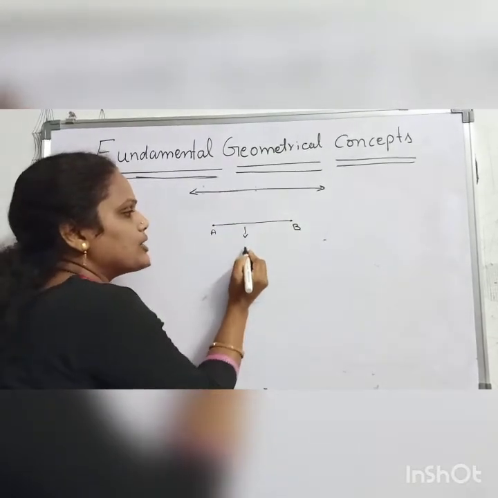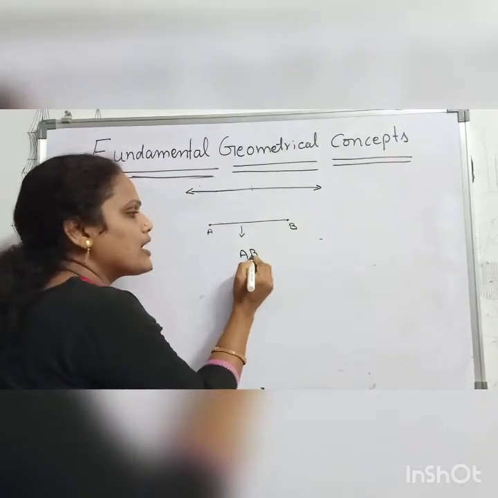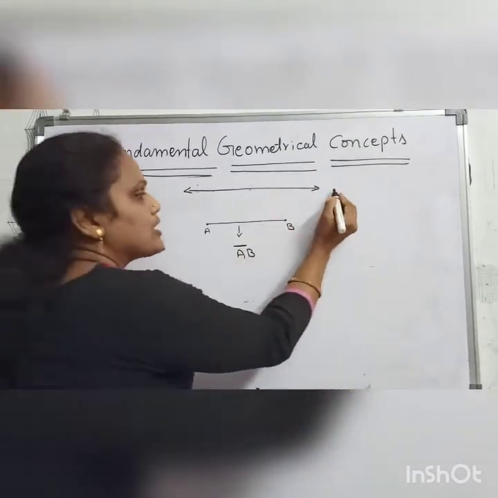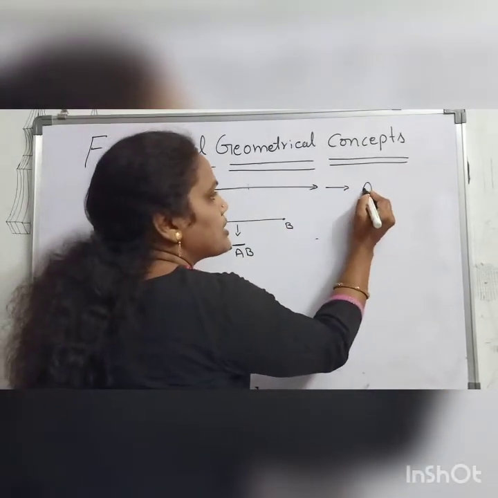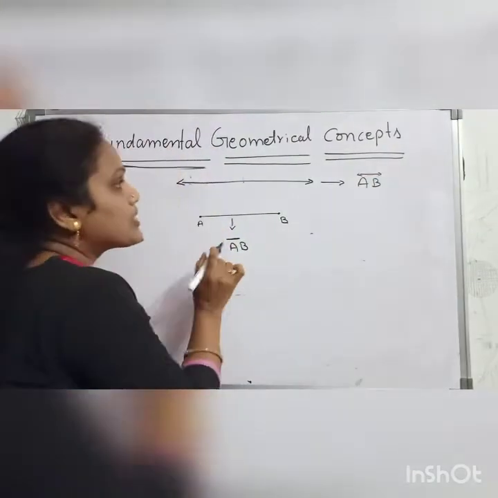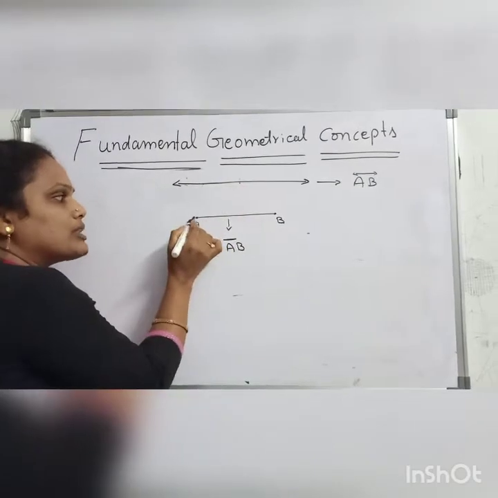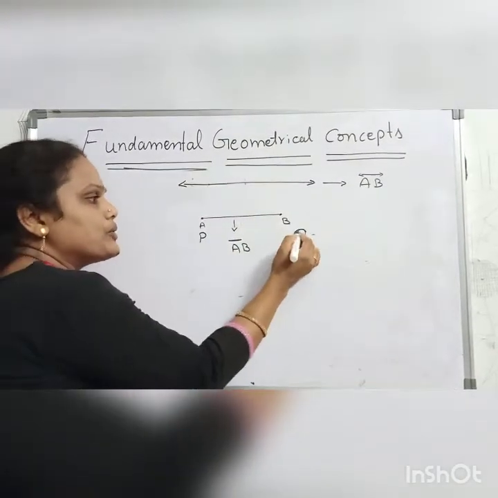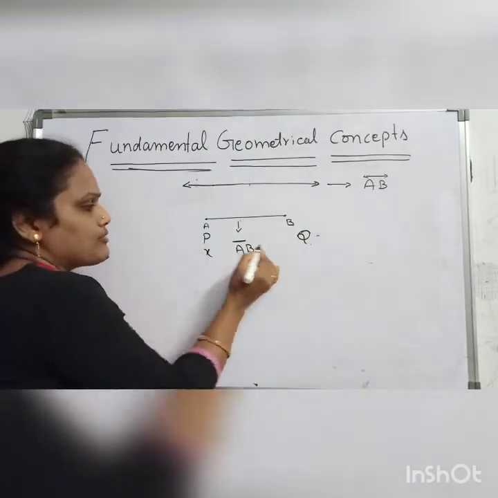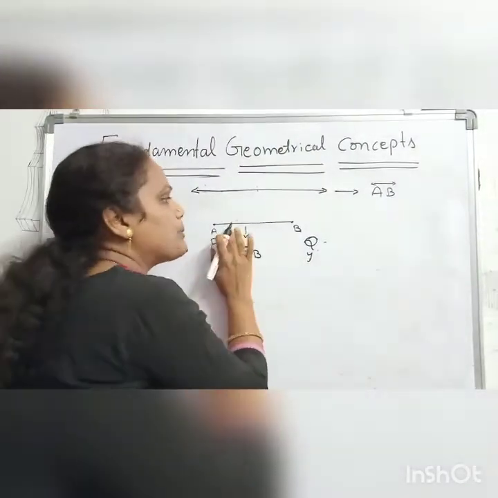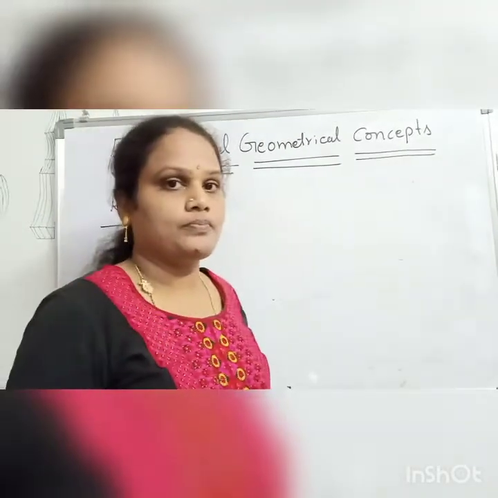It is denoted by AB with a bar. This is called a line segment. A line is represented with capital letters like AB, PQ, or XY.